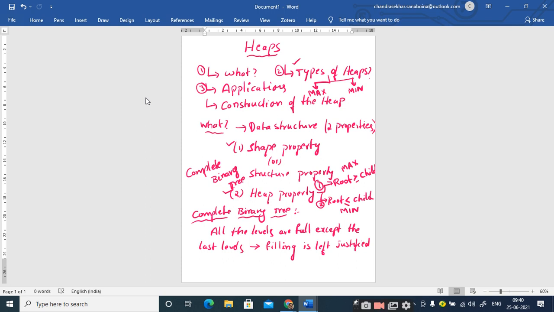As I told in the earlier classes also, the priority queue is violating the definition of the queue. According to the definition of the queue, the insertion should always occur at the rear part and the deletion should always be done from the front end. But in priority queues, we are not going to insert the elements always at the end of the array, or end of the queue.